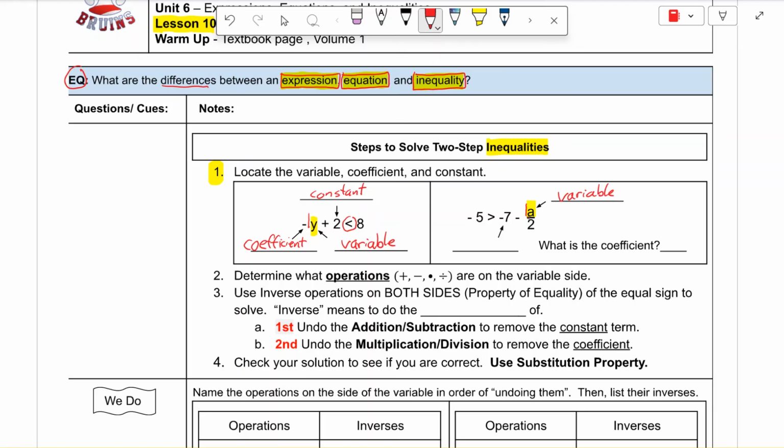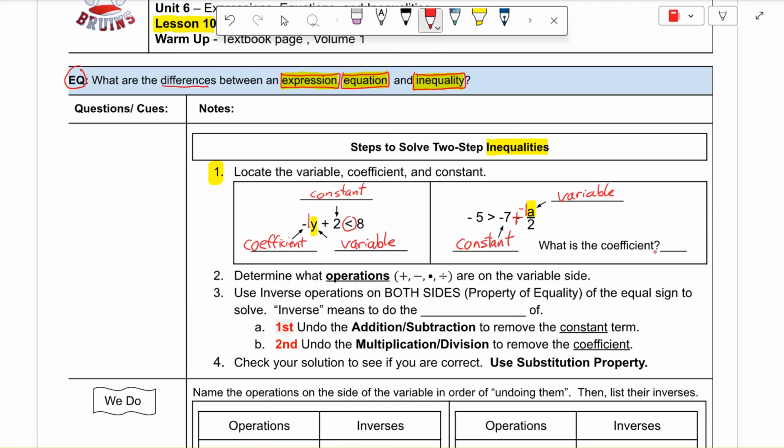And negative 7, you can see this minus sign right here. With a minus sign, we can always do additive inverse. And negative 7 plus this a with these other numbers, negative 7 would be all alone, so it's called the constant. Hopefully you are knowing these answers before I say them.